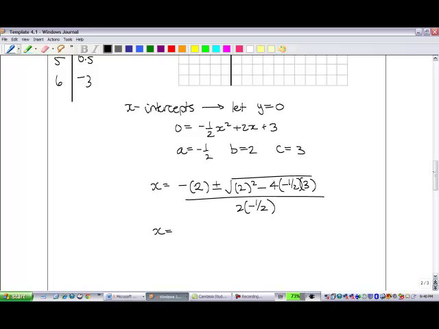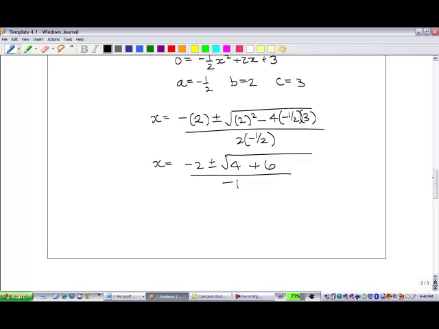Just some quick simplifying here. Negative 2 plus or minus the square root of 4. Negative 4 times 4 times a negative 1/2 is negative 2, or times 3 is negative 6. Minusing that would be plus 6, and we end up with a negative 1 on the bottom.